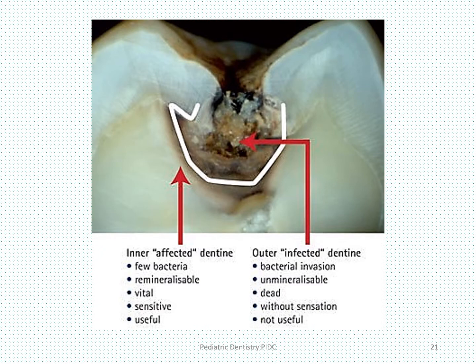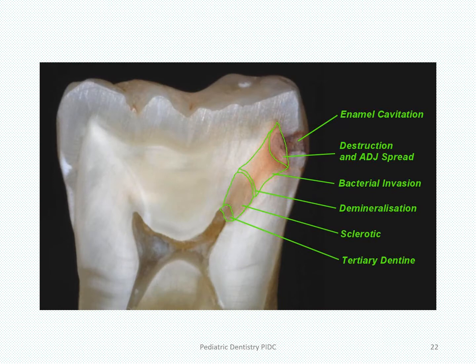So when you're doing caries excavation, you must understand the differences between infected dentine and affected dentine. Okay, in this particular slide, again, it's a very good slide taken from literature. It shows us the enamel cavitation, the destruction of the DE junction, the bacterial invasion, the zone of demineralization, followed by the sclerotic dentine, followed by the tertiary dentine.